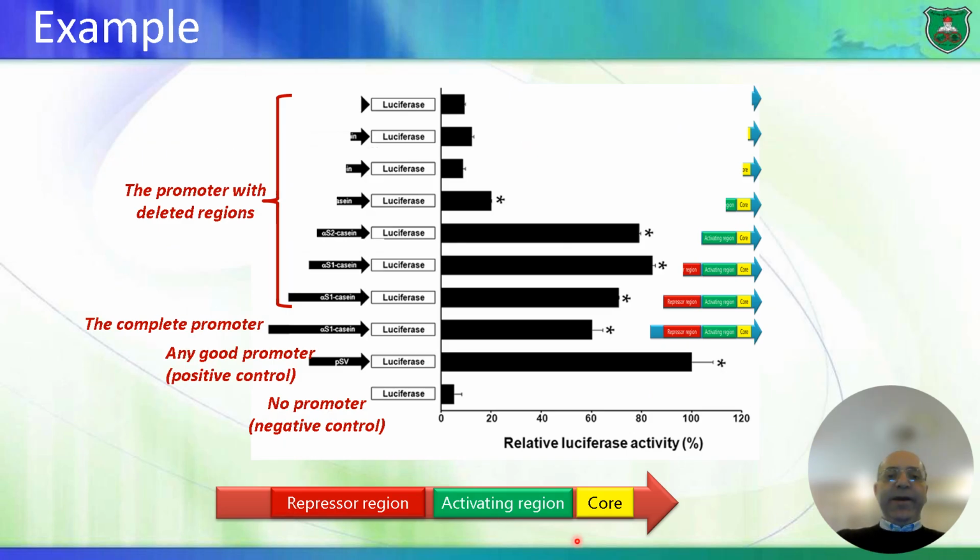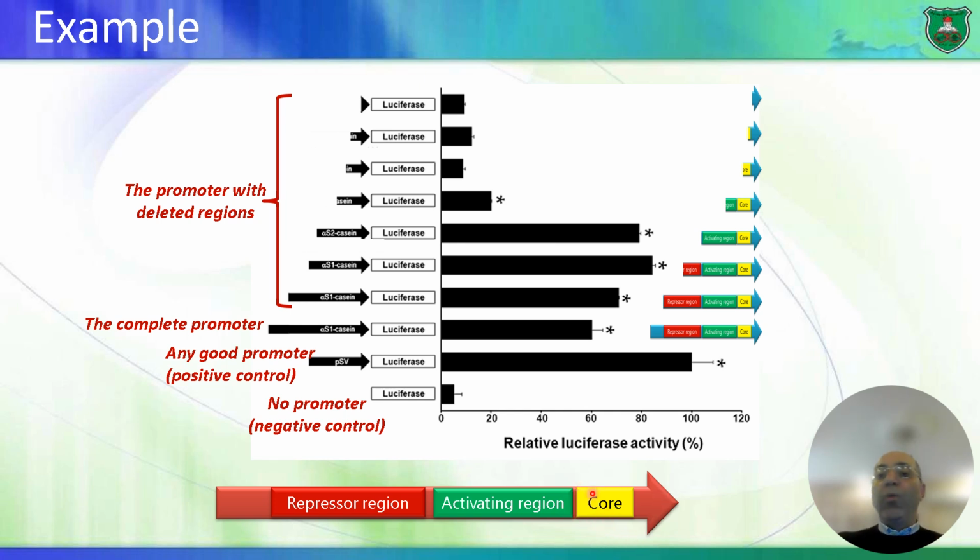So we do this. We have now the luciferase gene, which is right here, under control of a promoter of interest. And I don't know what the different sequences represent. Now I want to say, here we have a repressor region, here we have an activating region, and here we have the core promoter sequence.